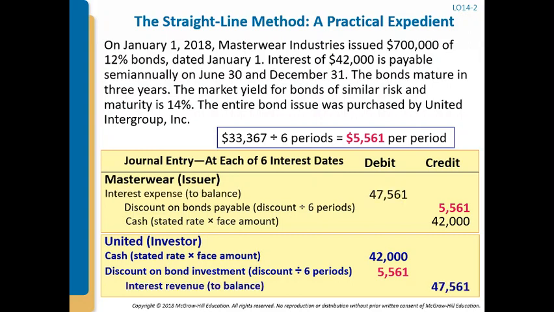A little bit different, and the criteria for using straight line method versus the effective interest rate is whether or not there's going to be a material difference between the two numbers that would cause confusion or some sort of misrepresentation to investors and other users. But normally it's not the case.